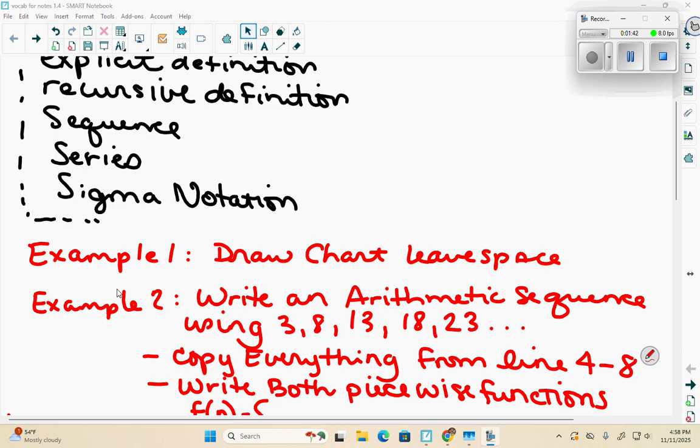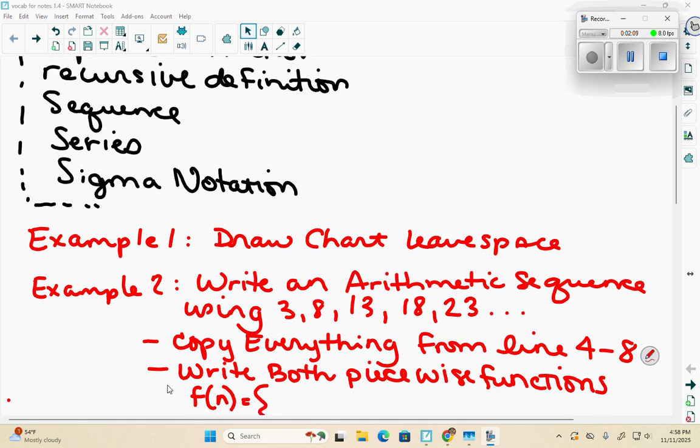So the next one down where it says so for n equaling 1 and f of 1 equaling 3, that's the line that you're going to start copying. So 4, 5, 6, 7, 8. You're going to write all of that down to line 8, which is f of n equals f of parentheses n minus 1 parentheses plus 5. So that's the copy everything from lines 4 through 8.